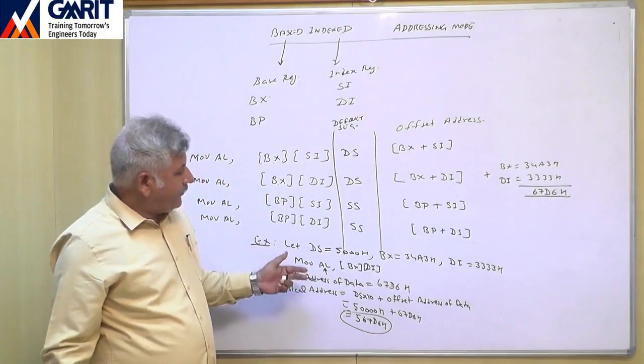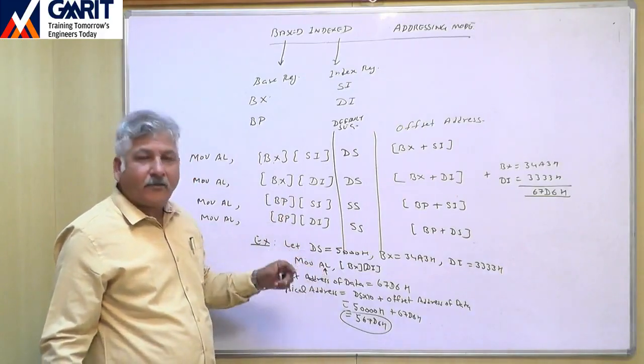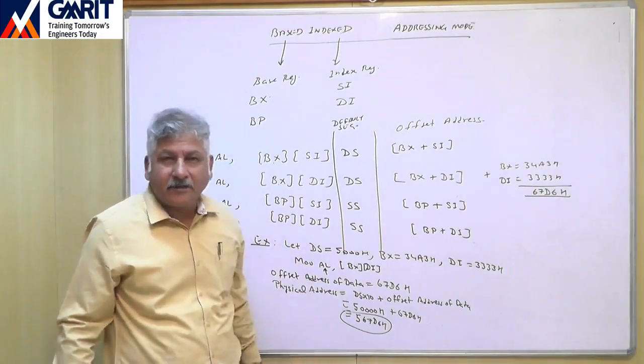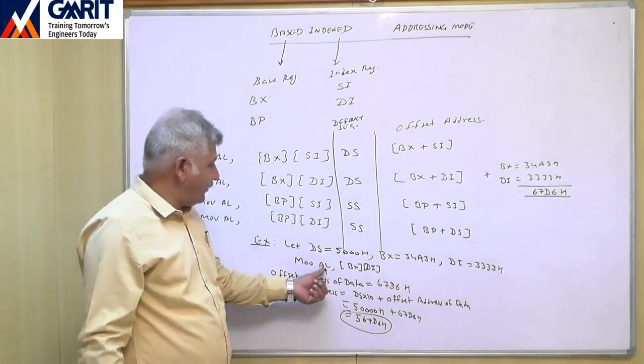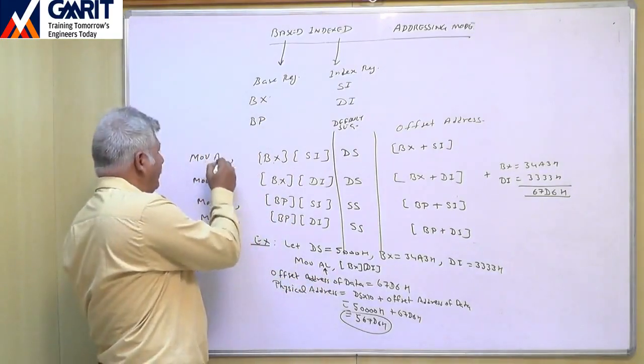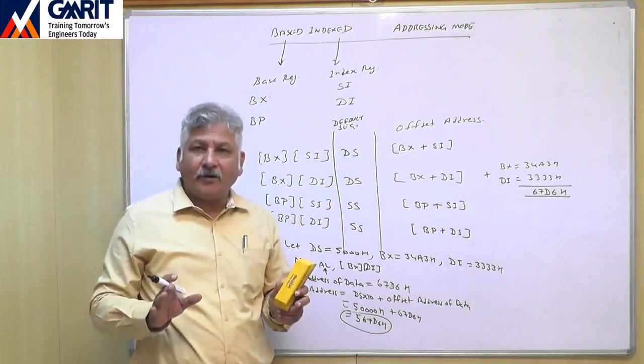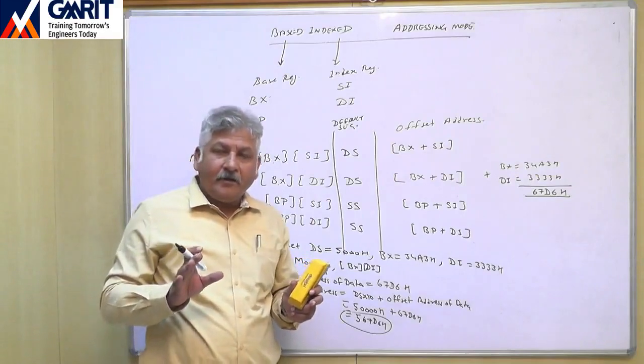And just like the previous addressing modes, our destination can also be a 16-bit register, right? If it is a 16-bit register, then data from two consecutive memory locations will be moved.